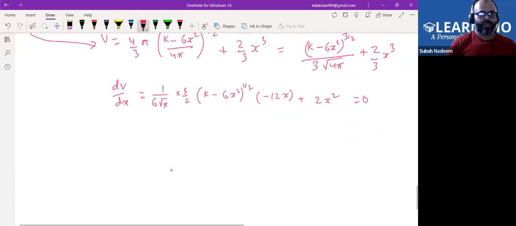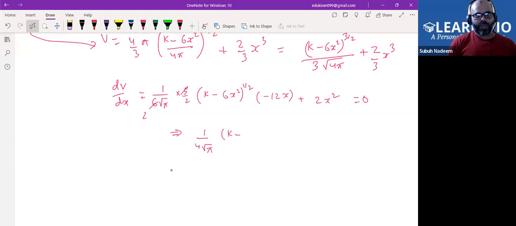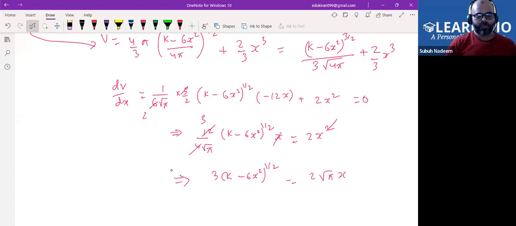So 3 by 2 into 12 gives 1 by 4 root pi into the square root of (k minus 6x square) into 12x is equal to 2x square. The minus will become plus, and we take it to the other side. 4 times 3 is 12, x will cancel. So this will be 3 times the square root of (k minus 6x square) is equal to 2 root pi x.